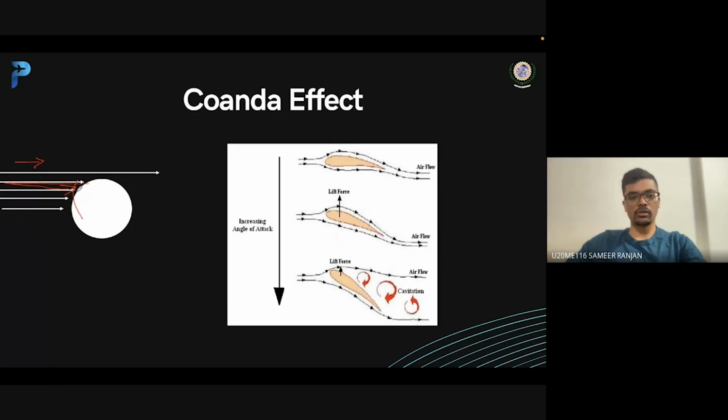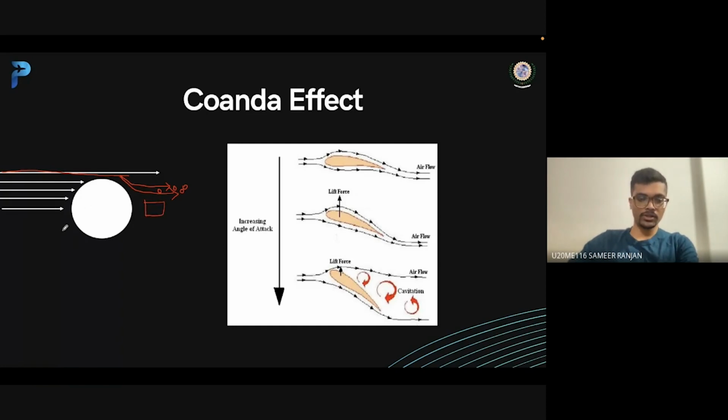But the flow which is just grazing the surface has a tendency to bend towards the surface and moves in this pattern. As it moves in this pattern, this streamflow pushes the air particles present here, and this creates a low pressure region in this area.